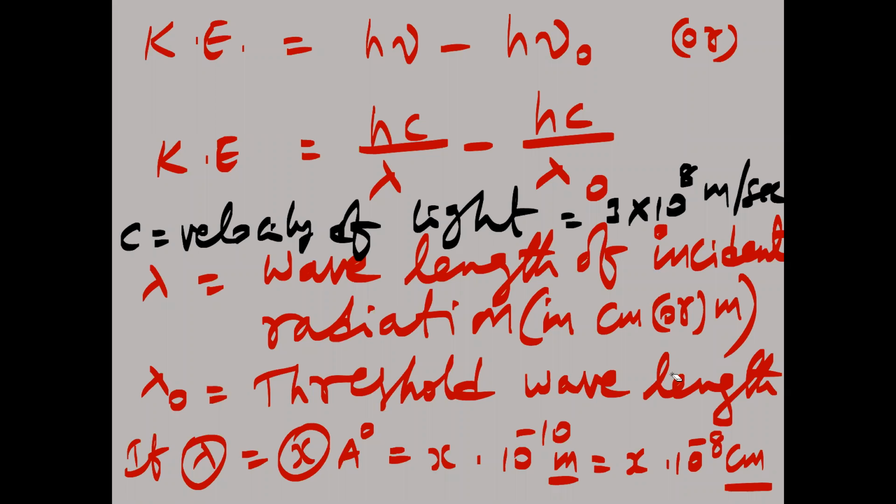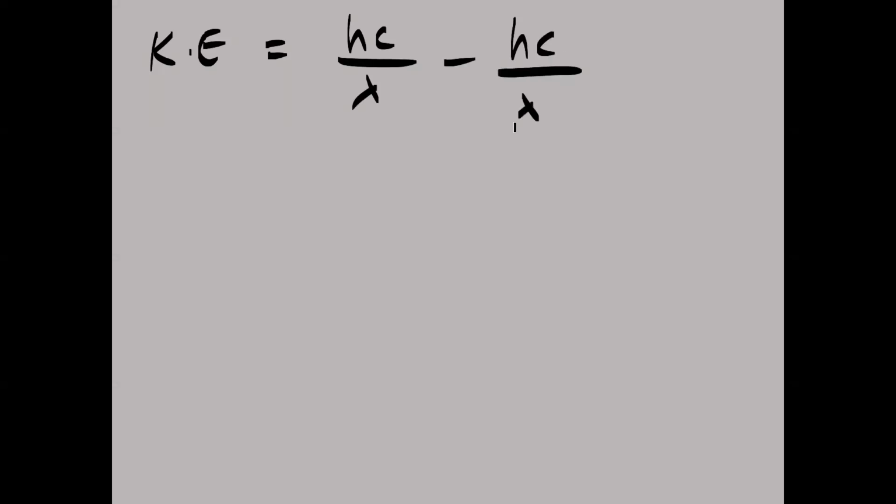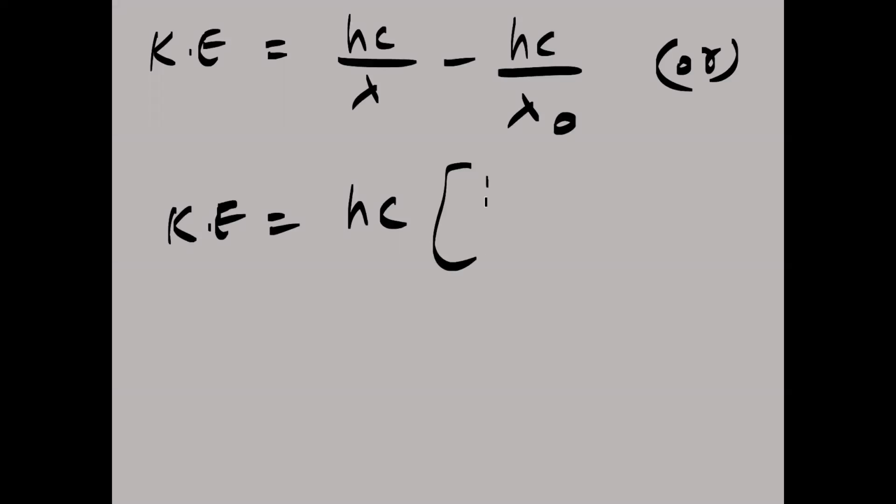Next, see what we have written here. KE, kinetic energy of photoelectrons, equals hc by lambda minus hc by lambda naught. How to write it now? Kinetic energy equals hc, we can take it common in both cases, hc of 1 by lambda minus 1 by lambda naught.